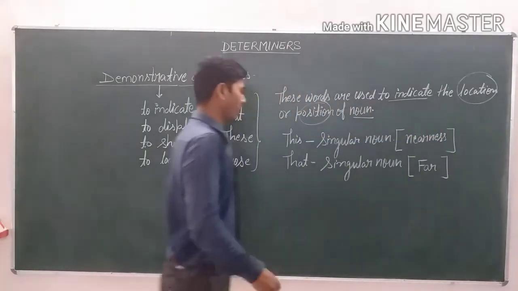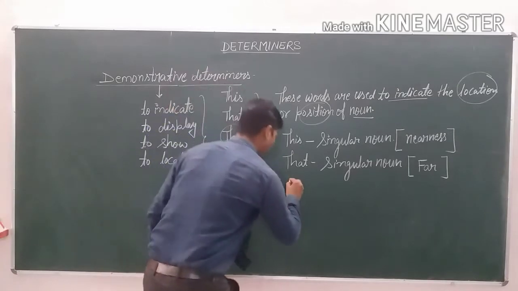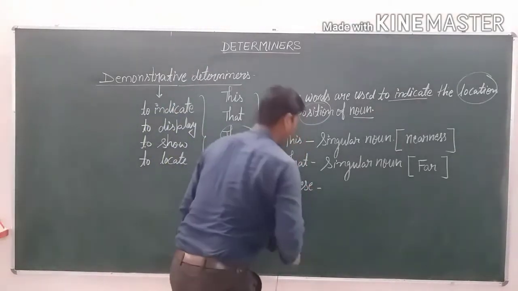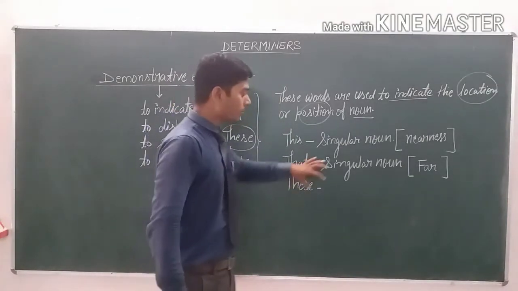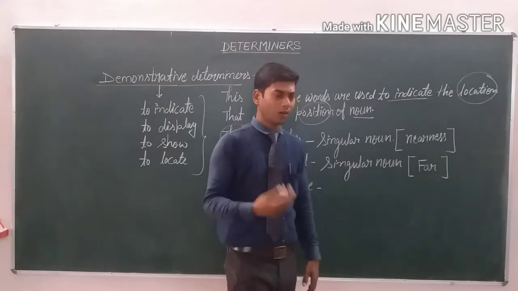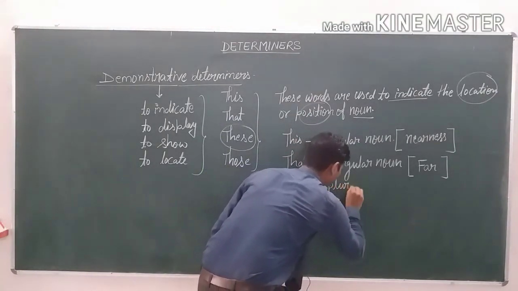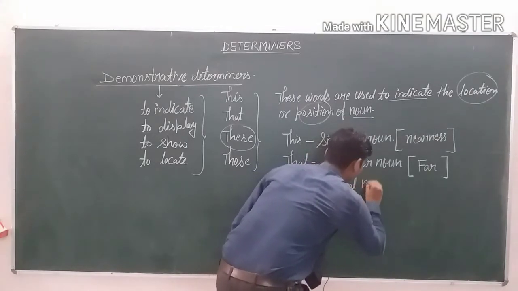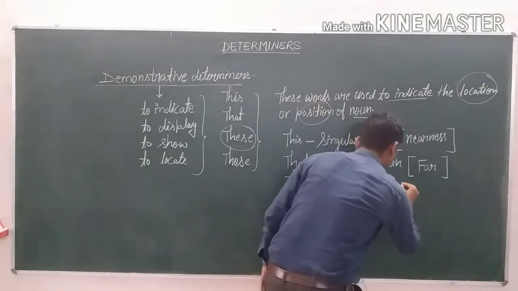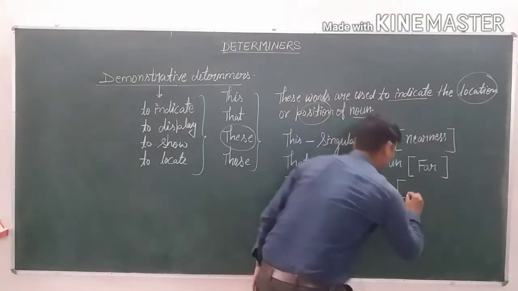Okay. Next thing is these. It is used before plural noun. Which kind of noun? Plural noun, in the sense of nearness, or near also you can say.